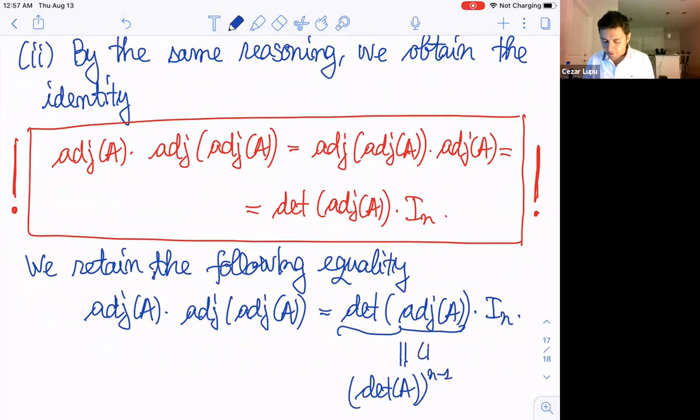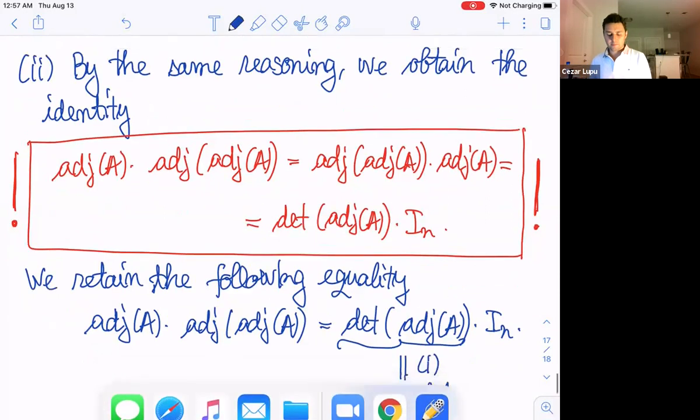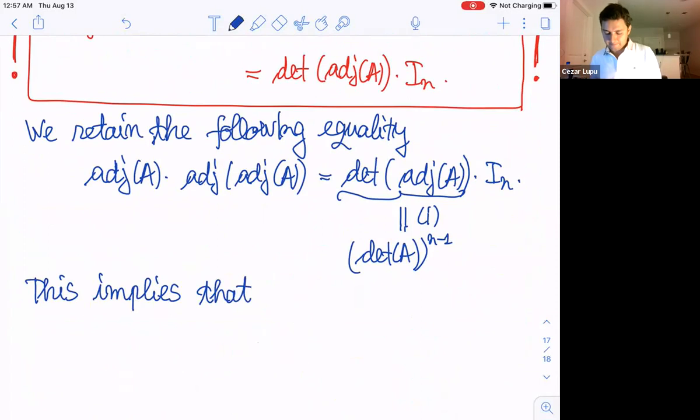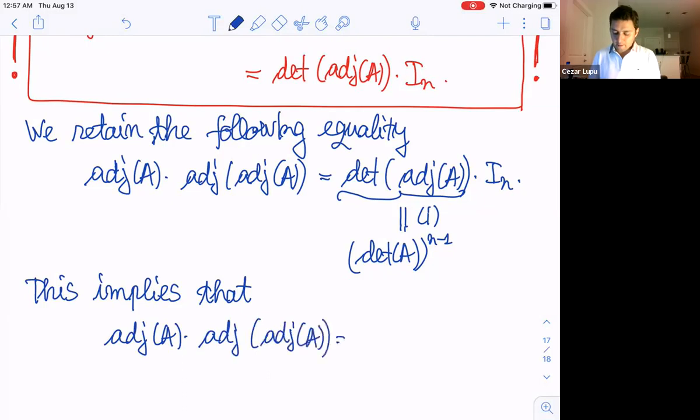This is from part I. So this implies that the adjugate of A times the adjugate of the adjugate of A is the determinant of A to the power n minus 1, right?